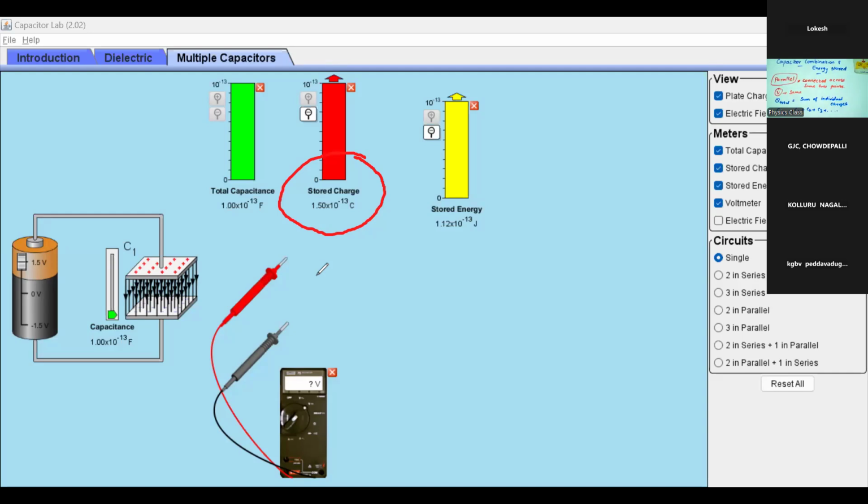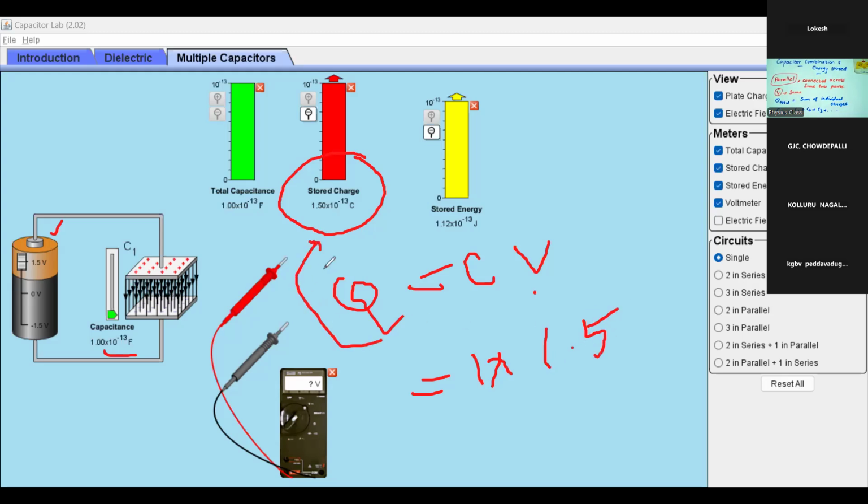Clear? Because V is 1.5 and C is 1. So Q is equal to CV, 1 into 1.5, we will get Q is equal to 1.5 into 10 power minus 13 coulomb.